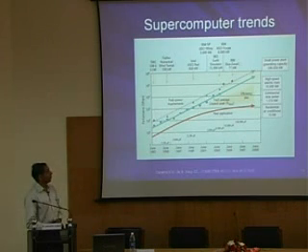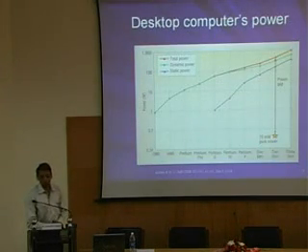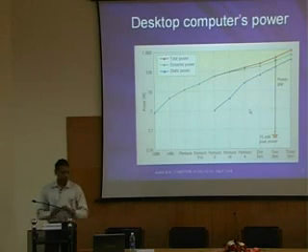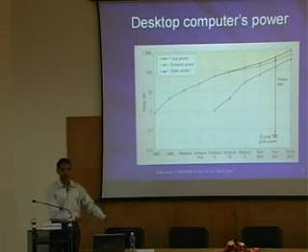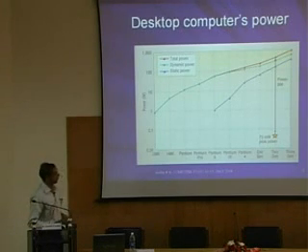If you think supercomputers are the only ones suffering from the power problem, even the power required by desktop computers is shown here as a function of the generation of the technology. You can see that this green line shows the dynamic power and the blue line shows the static power. Static power means when you are doing nothing on your computer, it is just idle, it is still consuming a huge amount of power because of huge leakage current.